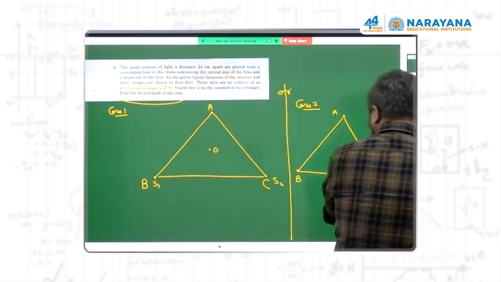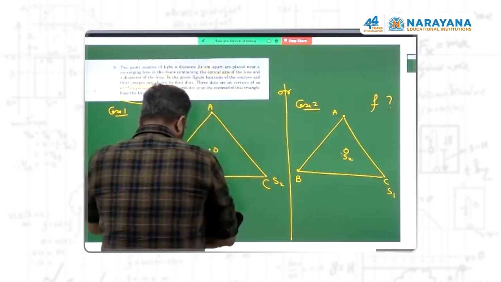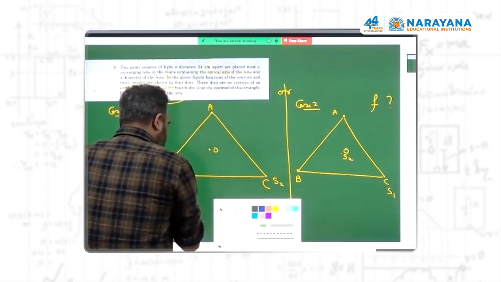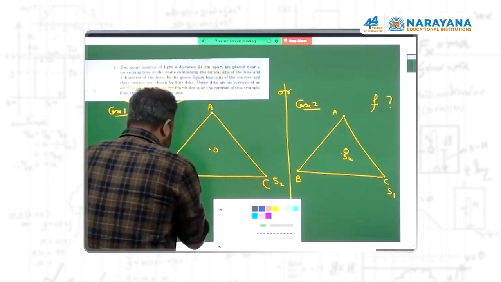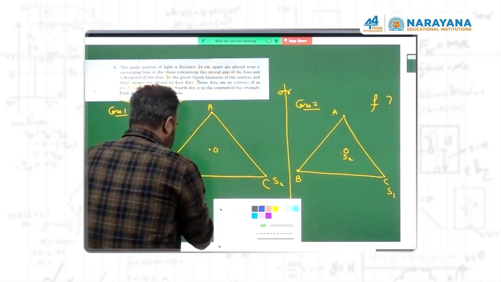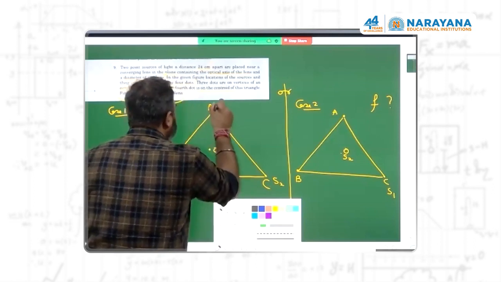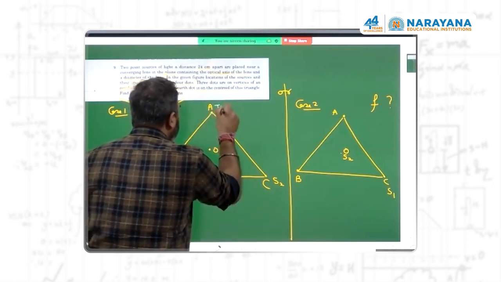Now let's observe. The first observation that I want to make here is, if S1, S2, and you can understand they are symmetric, right? S1, S2. So out of these 2, I'm saying, let's say this one behaves like I1.